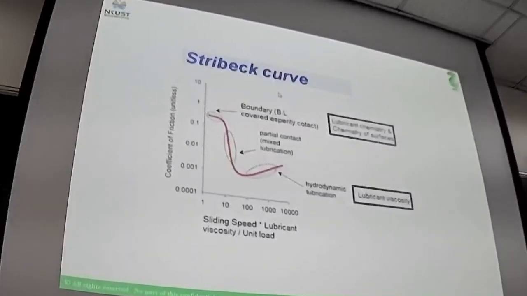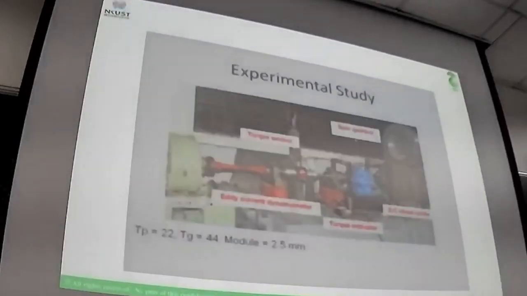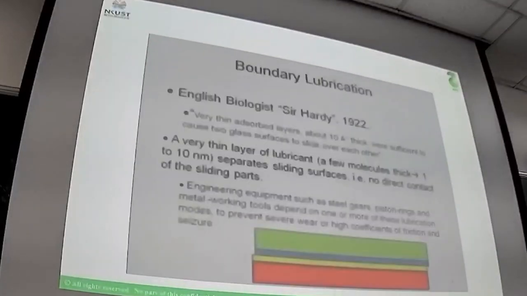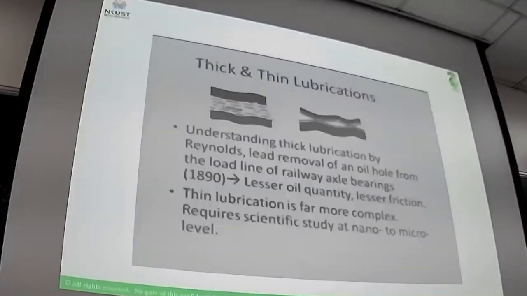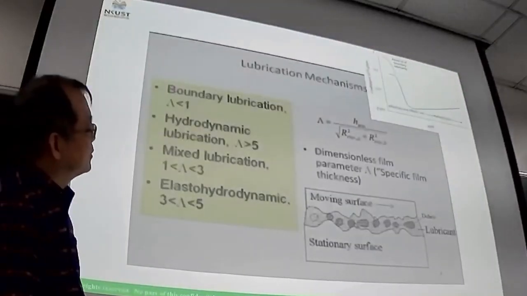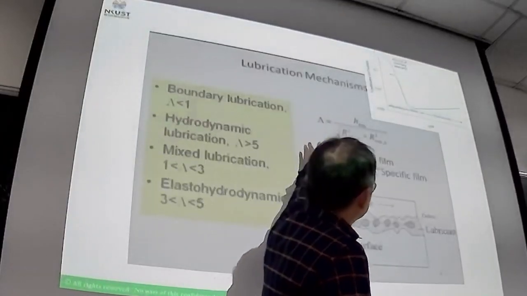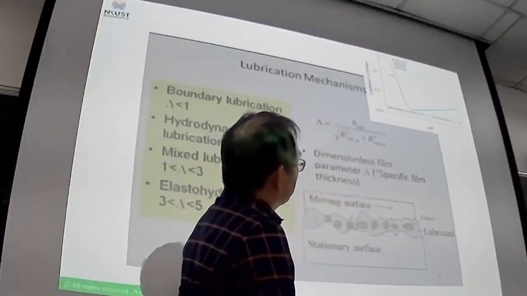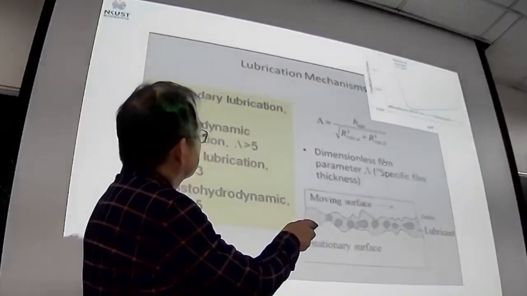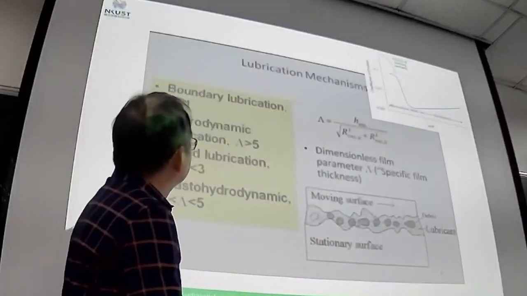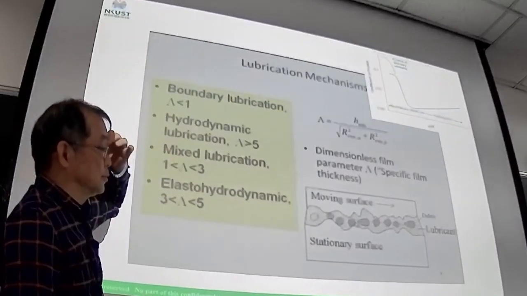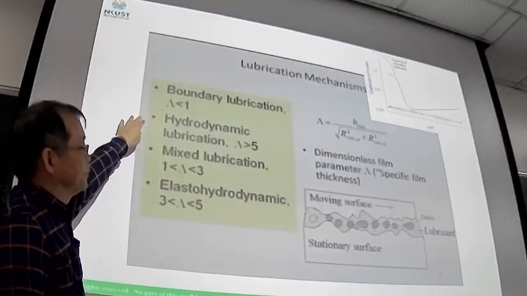I asked you to give the different lambda parameters. You should give the definition for the dimensionless film parameter, or specific film thickness, and we can classify according to the lambda ratio, or lambda value.